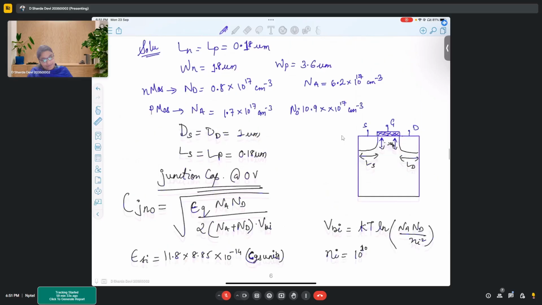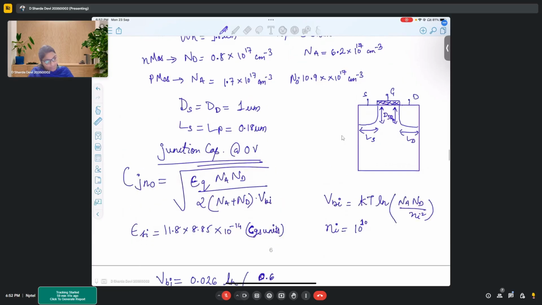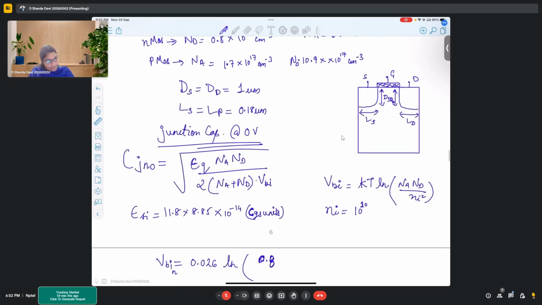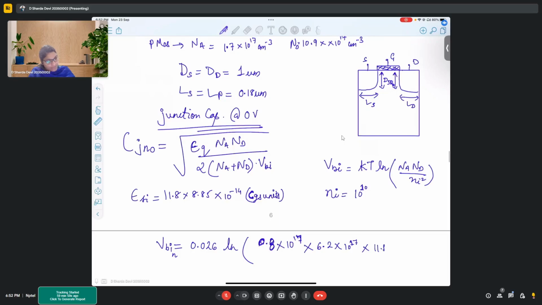So VBIN, it's NMOS, so it is 0.8 into 10 to the power 17 into 6.2 into 10 to the power 17... Oh, one second.